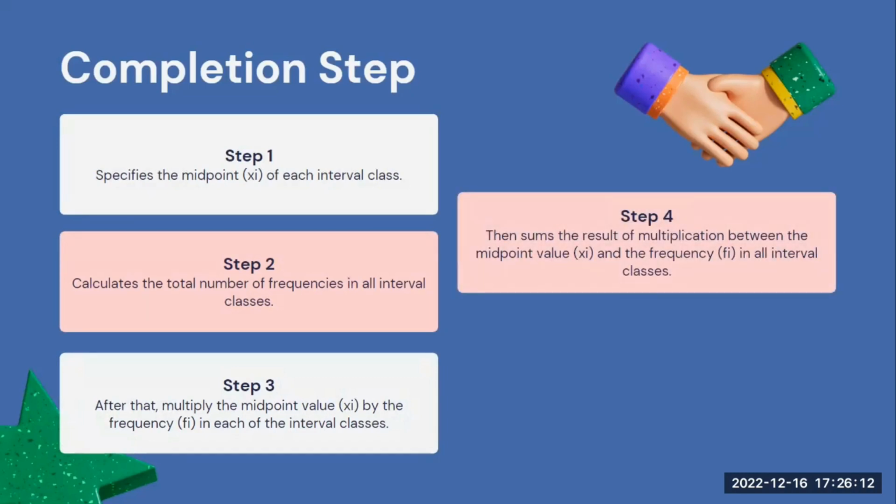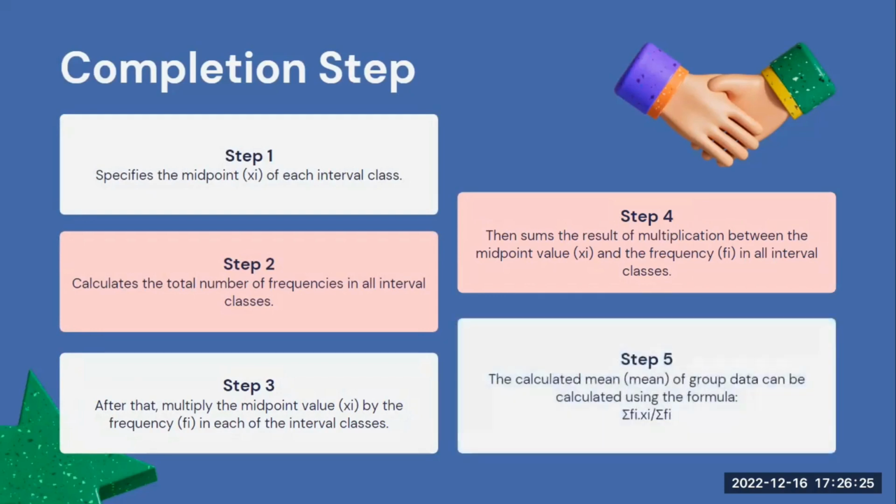Step 4 then sums the result of multiplication between the midpoint value or xi and the frequency or fi in all interval classes. Step 5, the mean of group data can be calculated using the formula sigma fi multiply xi divided by sigma fi.